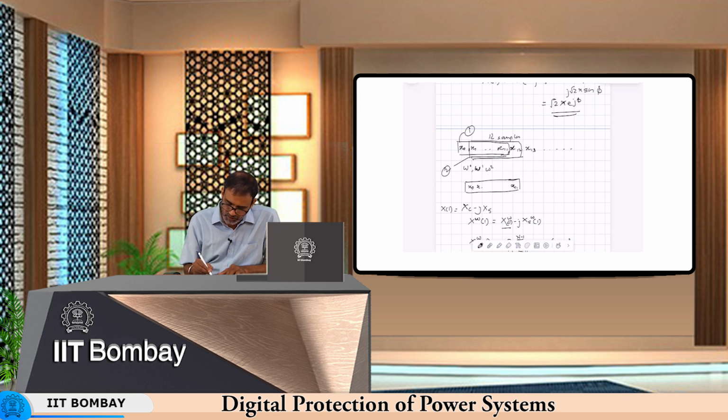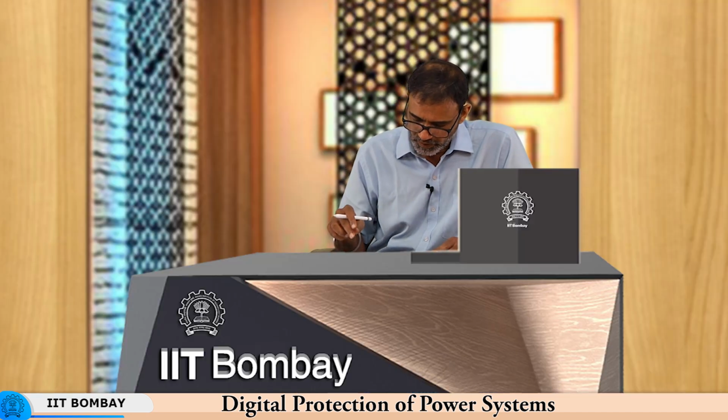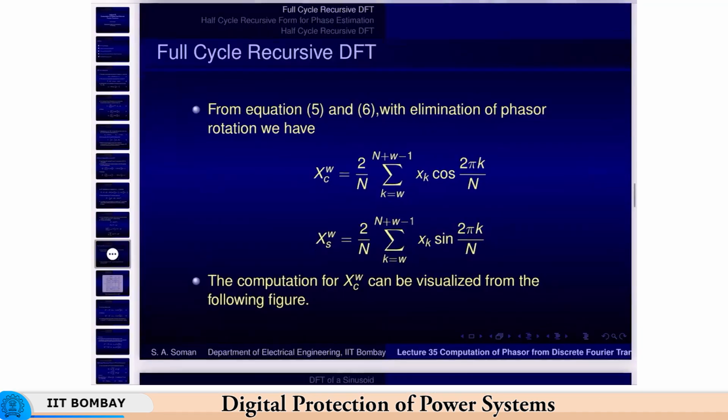So, between window number 1 and window number 2, what has happened is this sample has gone out and this sample has come in. Okay. x0 has gone out and x12 has come in. So, for a change of just 2 samples, repeating the entire calculation 24 times, and 24 times is for a 12 sample window. If it is 16 samples, then 32 times, or if it is 20 samples, then 40 times, is computationally inefficient. Okay.